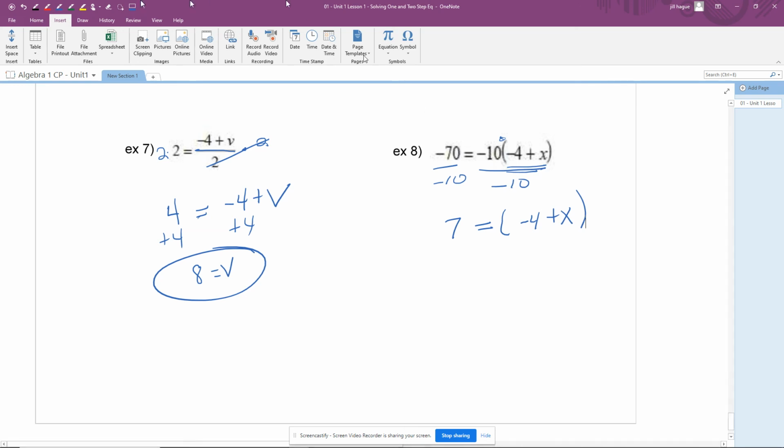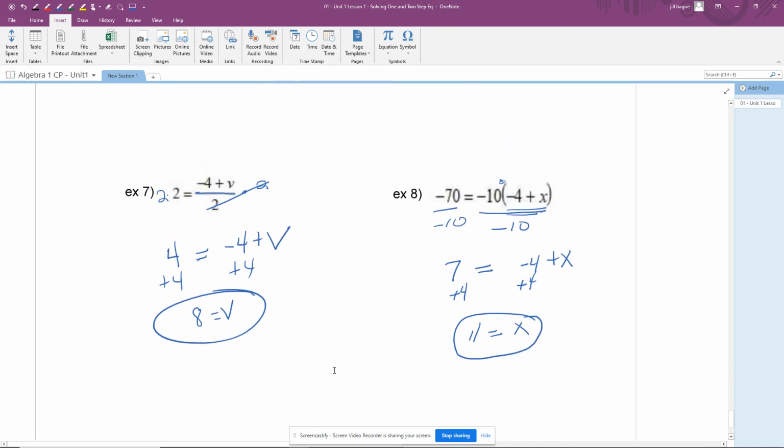Now, my parentheses just go away, because there's nothing to distribute inside them. I'm just left with that. How do I get rid of my subtraction? With addition. And I get 11 is equal to x. And there's my answer. So those are two-step equations.